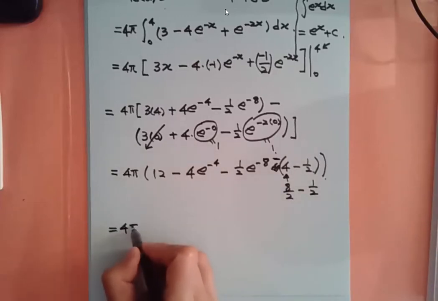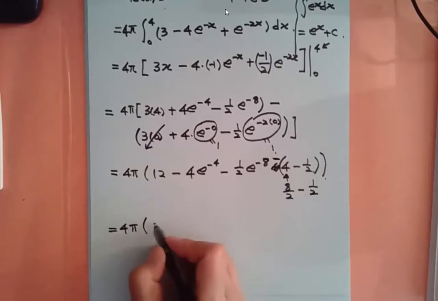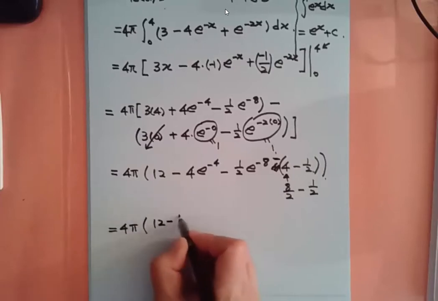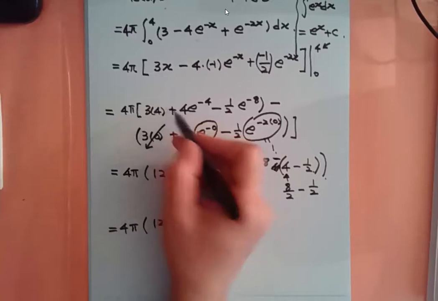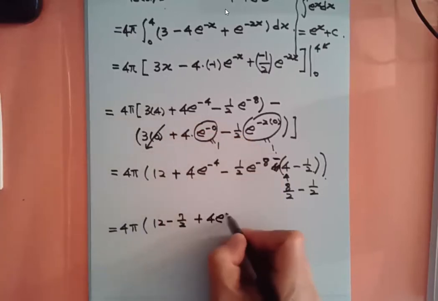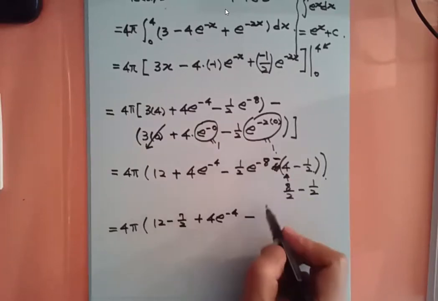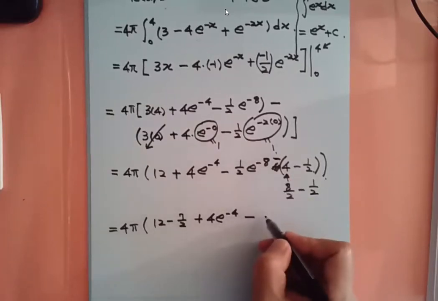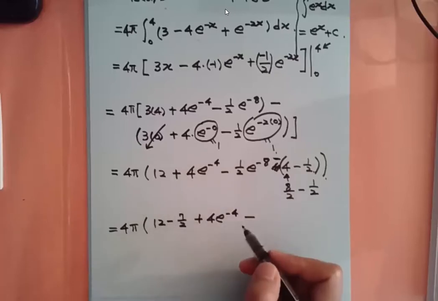So 4 pi times 12 minus 7/2, minus, I copied wrong. It was plus, right? Plus 4 times e to the minus 4, minus comes from here. No, I already copied it.